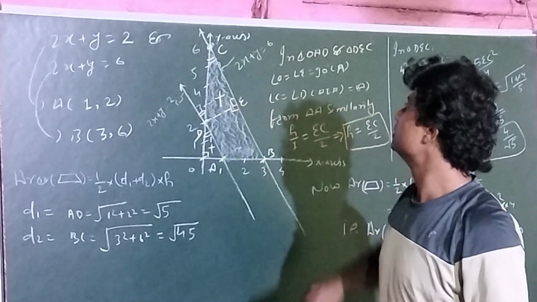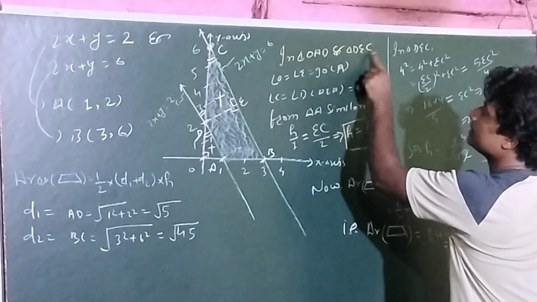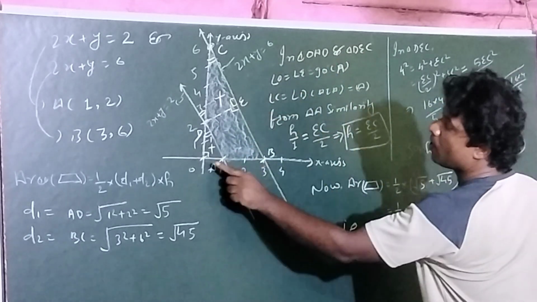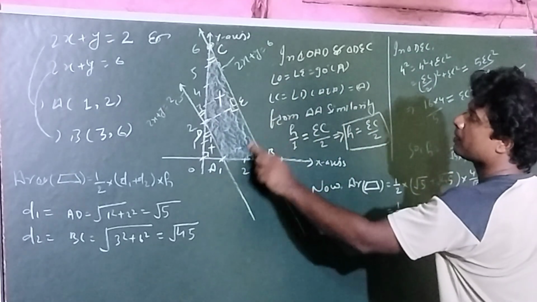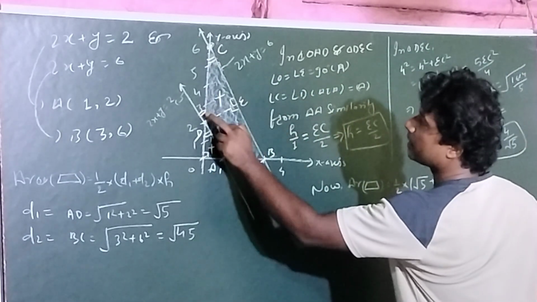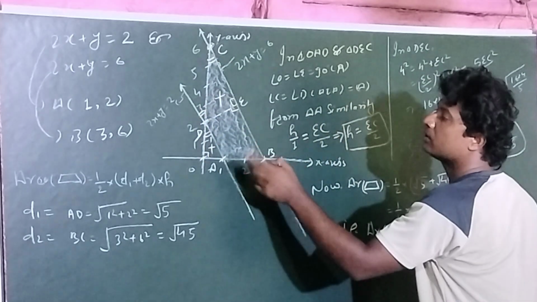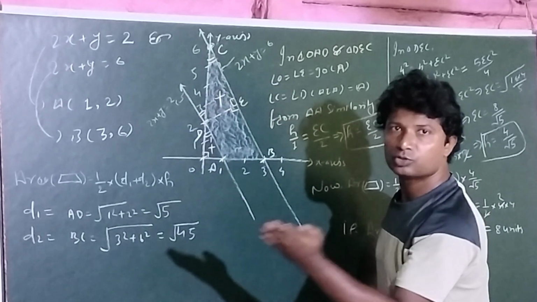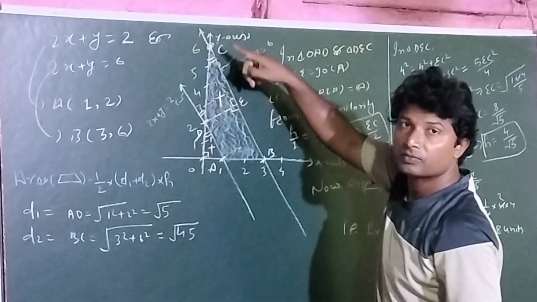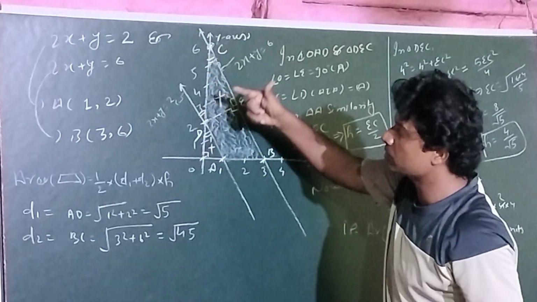at point E. Now see, in triangle AOD and triangle BEC, angle O and angle E are 90 degrees. Angle C and this angle will be equal from AIA. As you know, this line and this line are parallel to each other, and this one is the transversal. So from AIA, this angle will become equal.